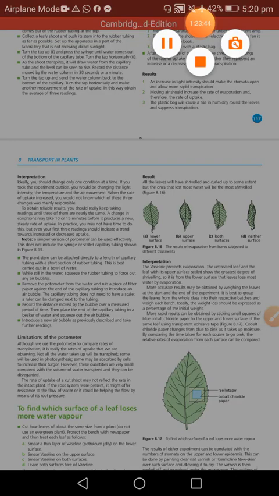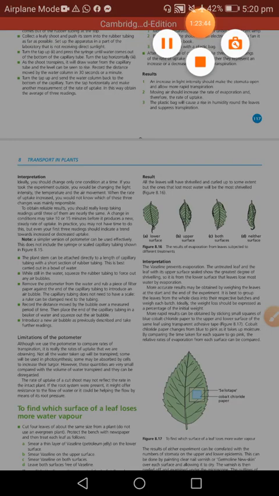Let me show you. Suppose it was like this initially. Okay, let me draw it like this. Suppose it was like this, the stomatal pore was very much open.